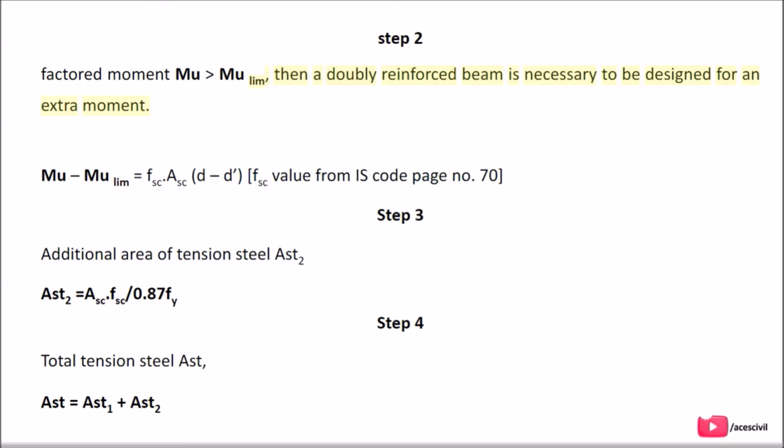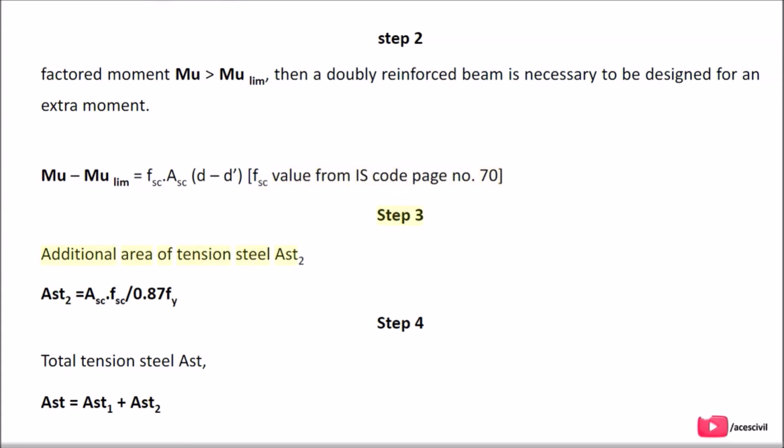Mu minus Mu lim equals fsc Asc (d minus d'). The fsc value is from the IS code, page number 70. Step 3.